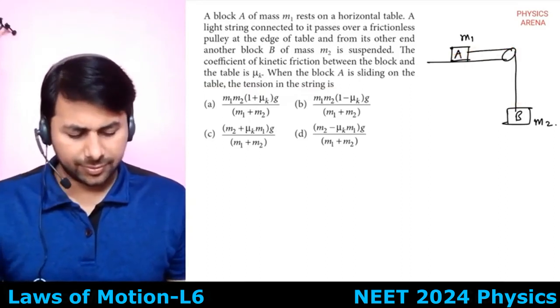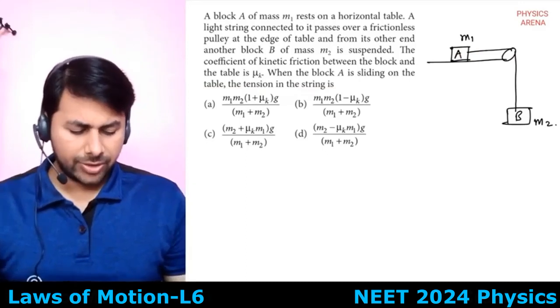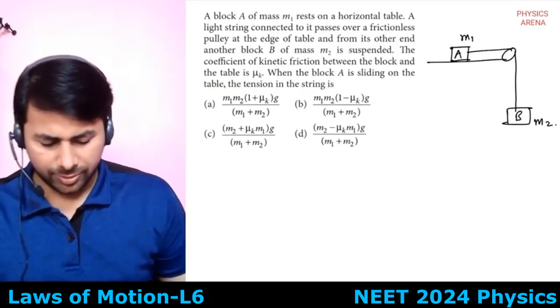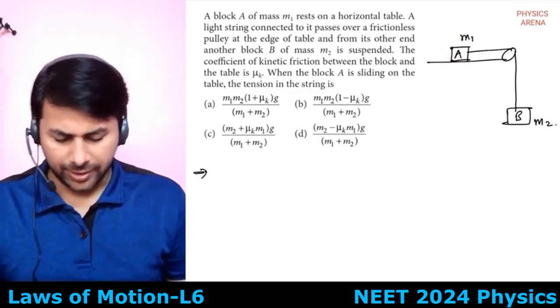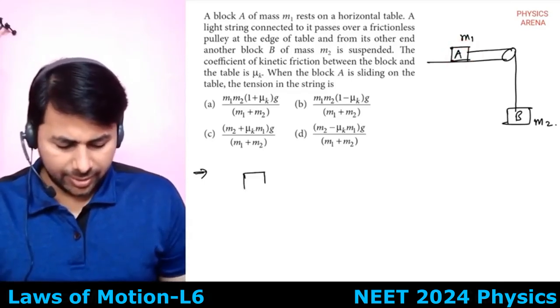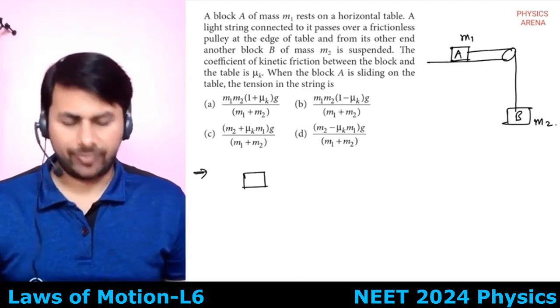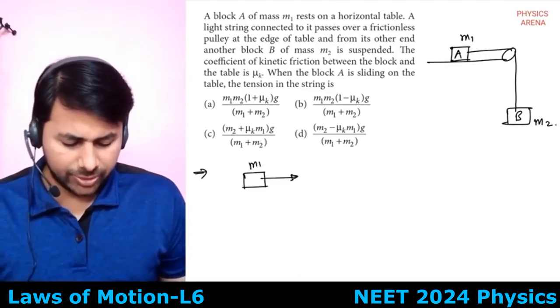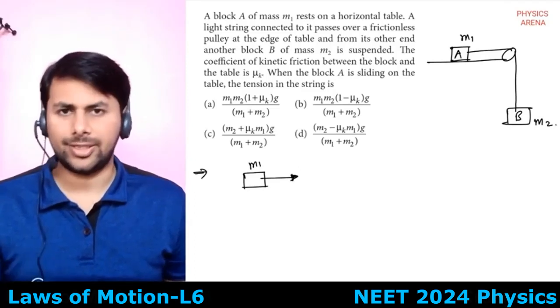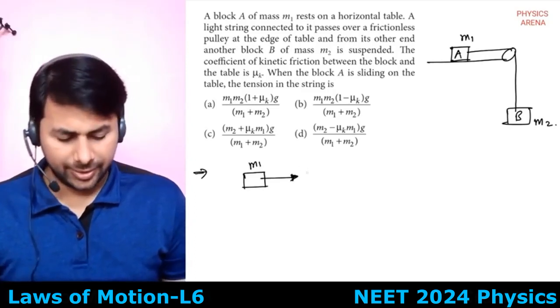So see, once again, first of all, we want the tension in the string. So I will draw the free body diagram of A. Its mass is m1. What are the forces acting on it? Only tension, right?